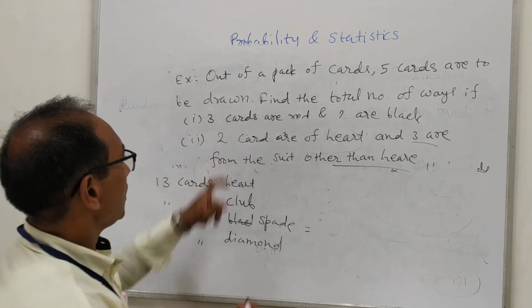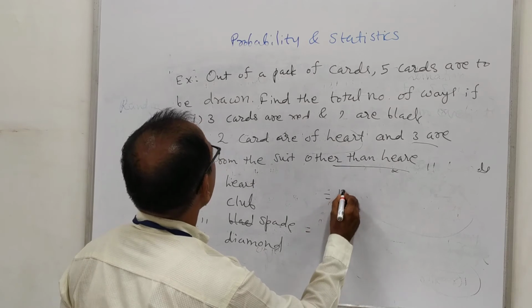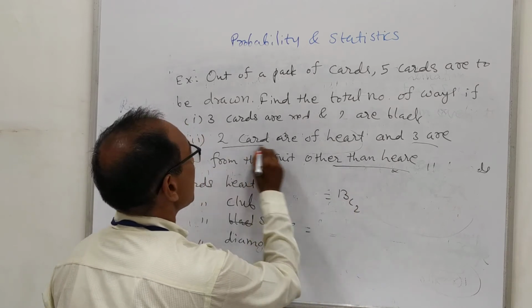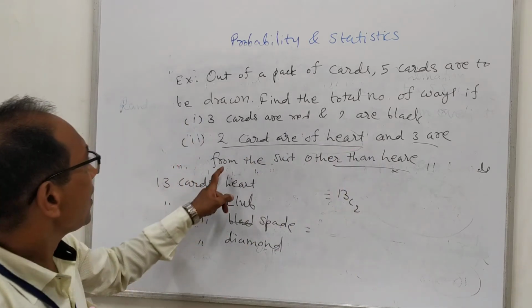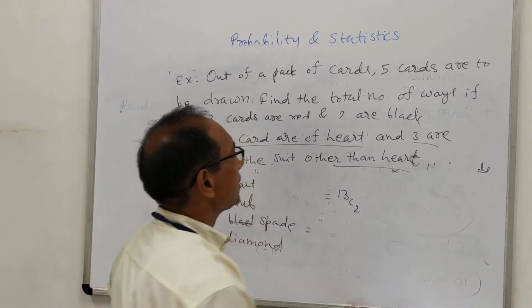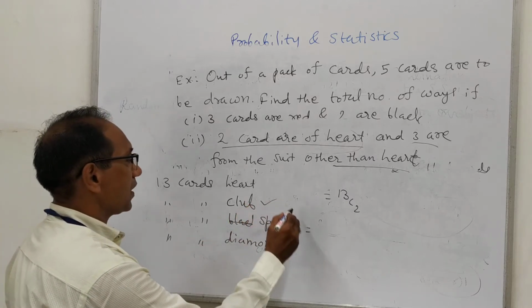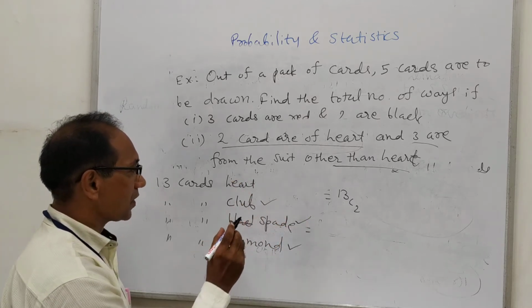First we understand. Therefore, the total number of ways equal to 39C2. That means 2 cards are of heart, and 3 are from the suits other than heart. Other than heart means 1 card from each of the other suits. That means 1 card from club, 1 card from spade, and 1 card from diamond.